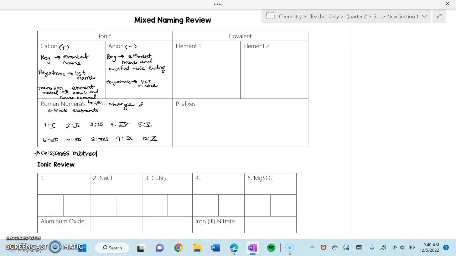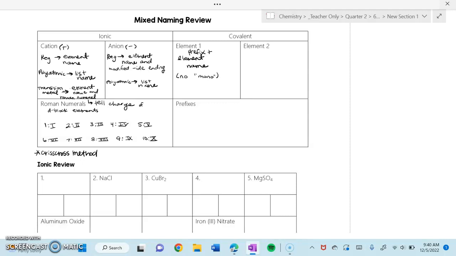So for the first element, you just use the element name with a prefix in front of it. So it's prefix plus the element name. And remember, the prefix is telling us how many of that element, but we don't use mono for the first element.